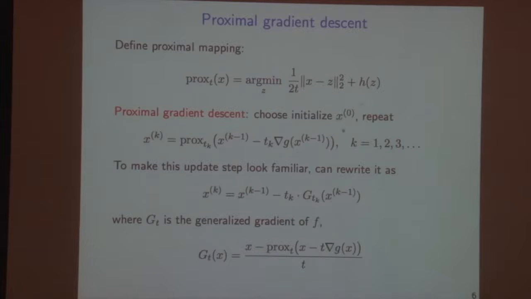So this proximal operator tries to keep us close to the gradient update for g while still making h small. It's a balance between those two terms. The nice thing is that this proximal operator doesn't depend on g. It's only defined in terms of h. And we can do it in closed form for many examples that we care about, because usually the penalties we choose, even though they're non-smooth, are typically not super complicated.